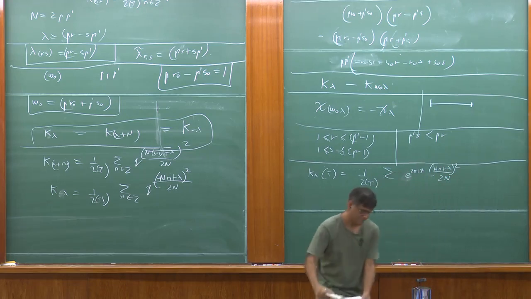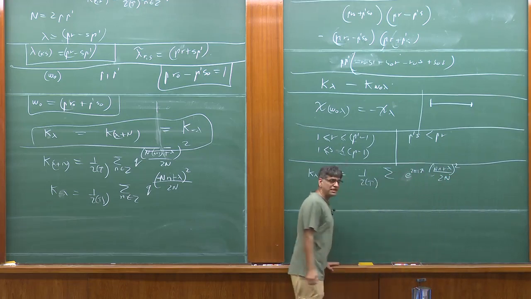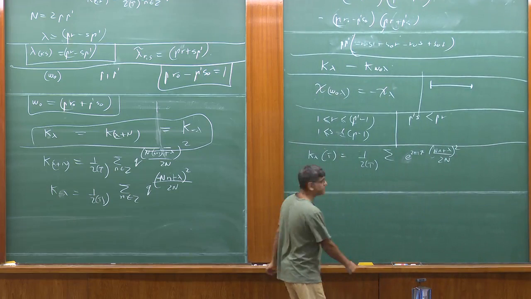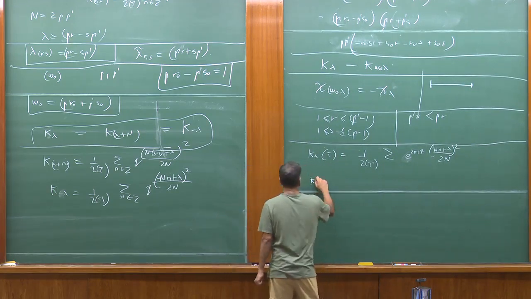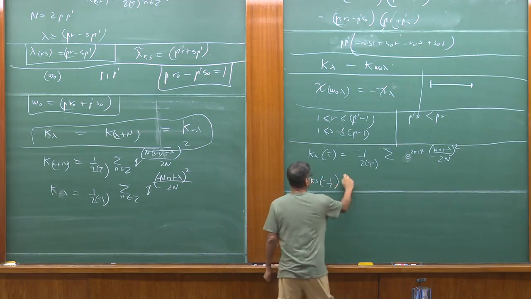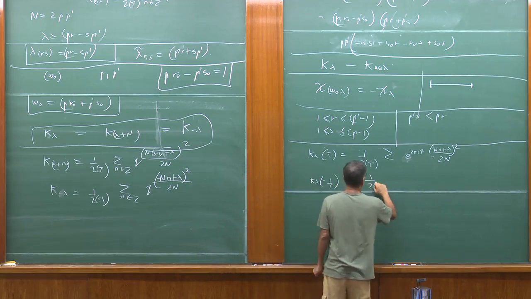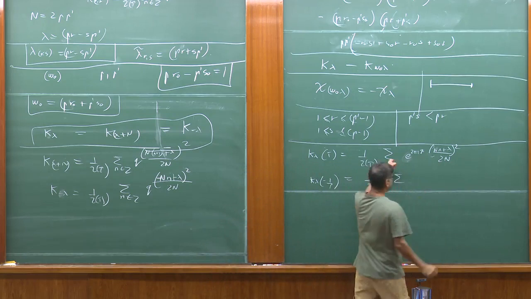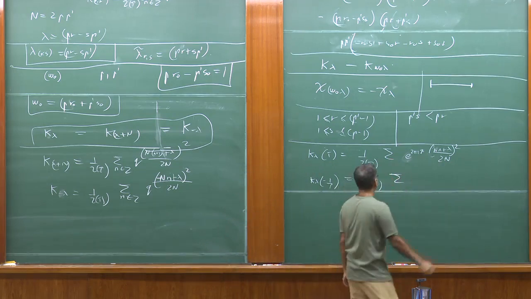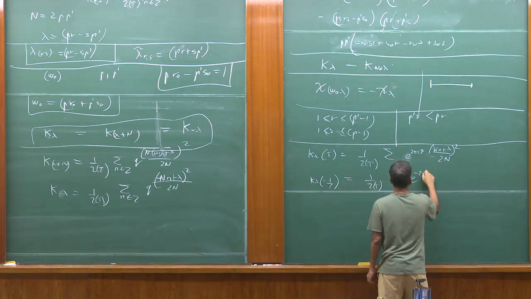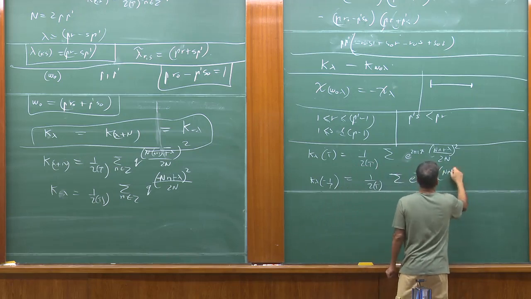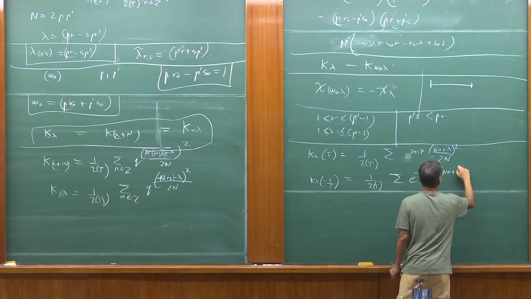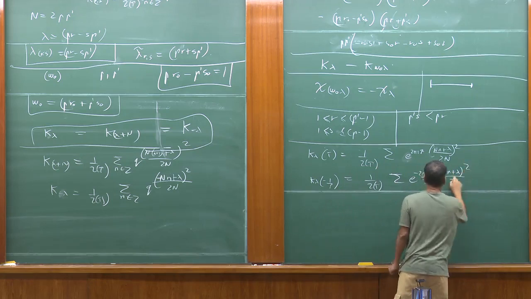Now by using definitions, we'll ask what is k_lambda of minus 1 by tau. And therefore k_lambda of minus 1 by tau is equal to 1 by eta of minus 1 by tau. The sum is always over all integers. Sum e to the power minus 2 pi i by tau, n plus lambda, the whole thing squared by 2n.